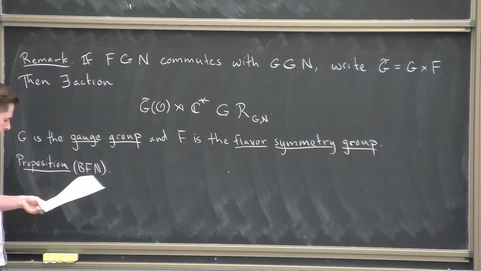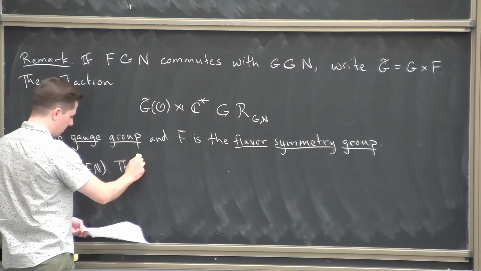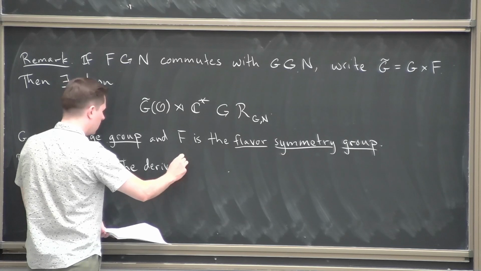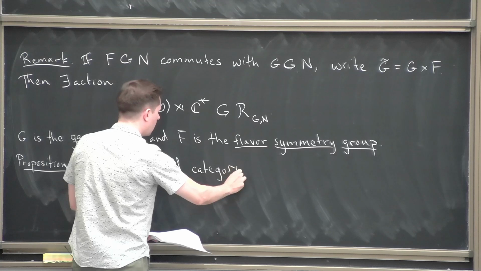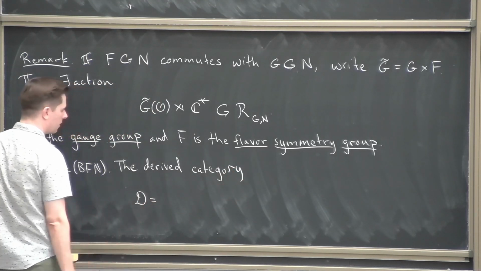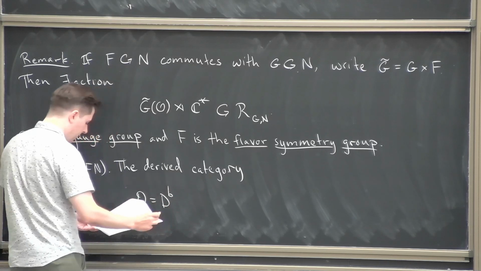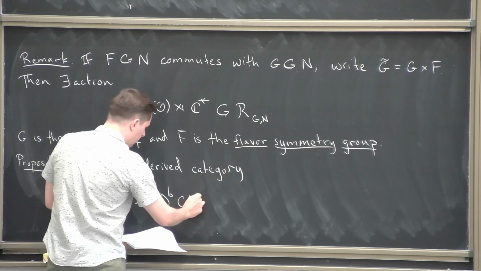So they considered the following category. We take the bounded derived category, which I'll denote D, so that's a bounded derived category of equivariant coherent sheaves.